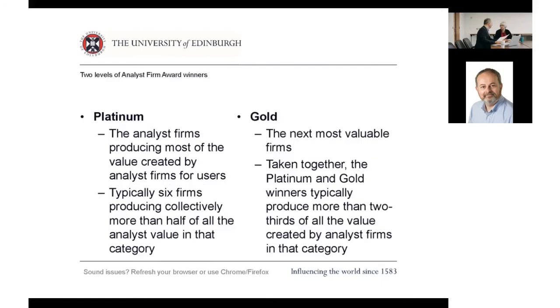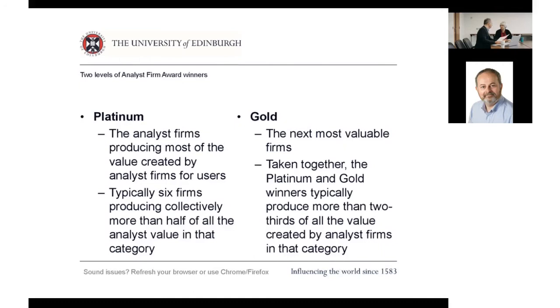There are two differences in the way that we're segmenting the awards this year. In the past, people may know that we've done top fives and second fives, but what we're doing this year is providing the platinum list and the gold list. The platinum firms are the firms that are creating most of the value. So a majority of the value that's being consumed by participants who took the Analyst Value Survey is coming from the platinum firms.